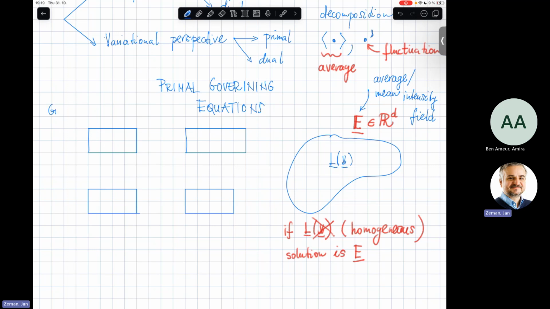You assume that you have certain given field E. Again, we are assuming that if this body was not heterogeneous but homogeneous, it would be in a state of constant temperature gradient. But you know that as a result of heterogeneity, this is not true.